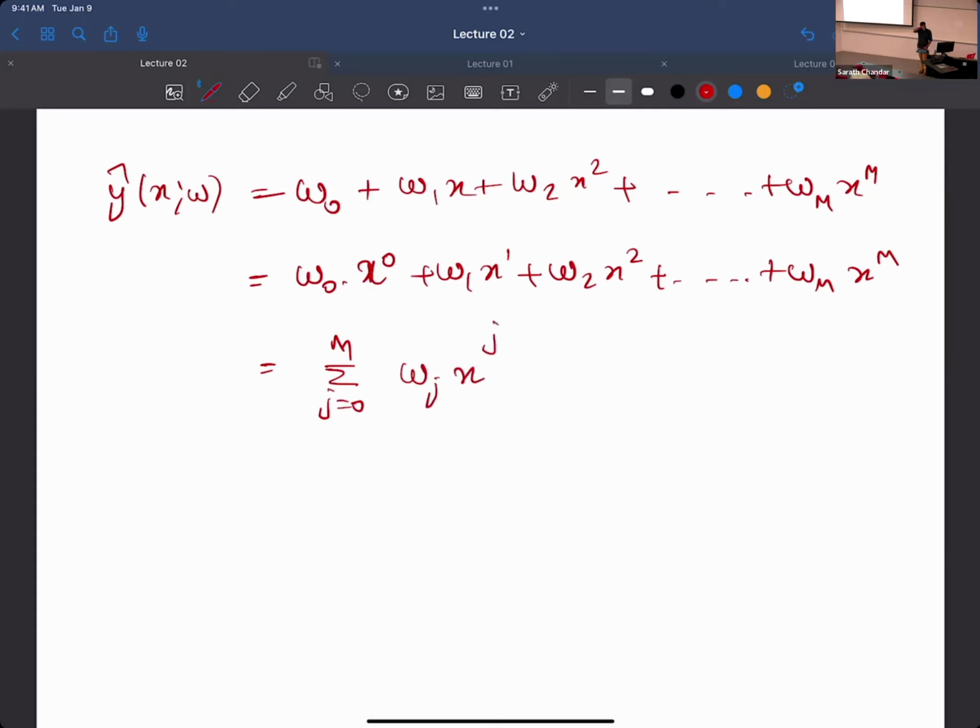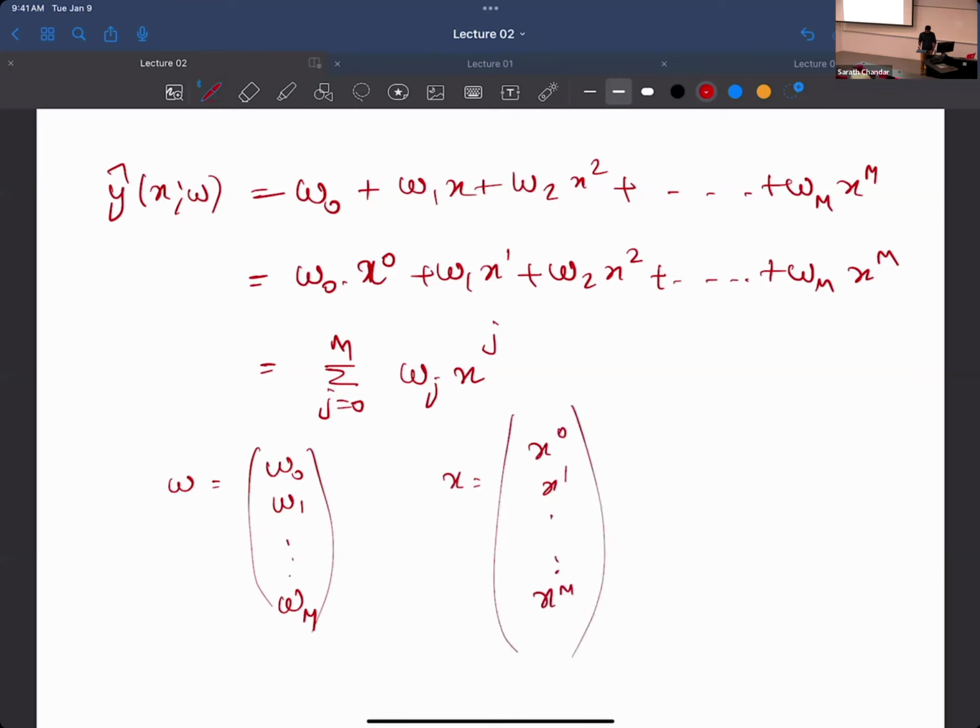And if I want to write this in vector form, I'm going to have my w vector, which is w0, w1 all the way to wm, and my x vector, which is x power 0, x power 1 all the way to x power m, and my model y hat of x given w is simply w transpose x.